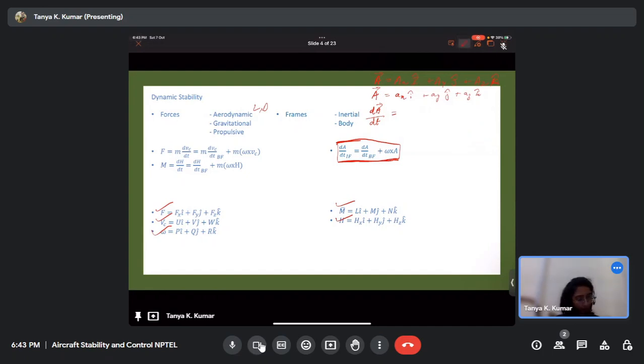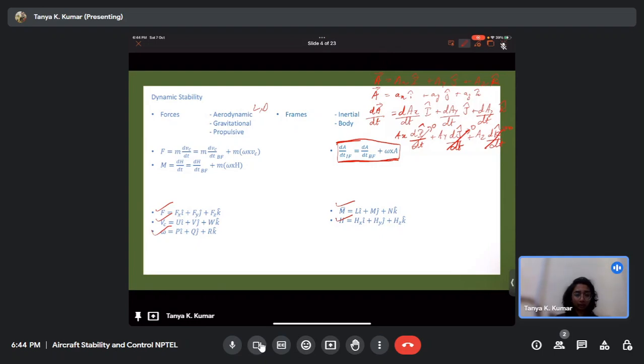So we've defined our inertial frame using capital letters. These three are 0.